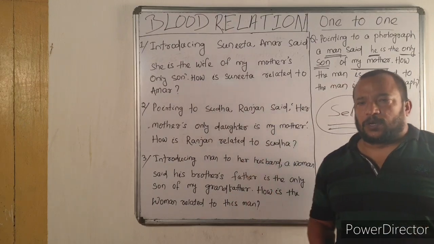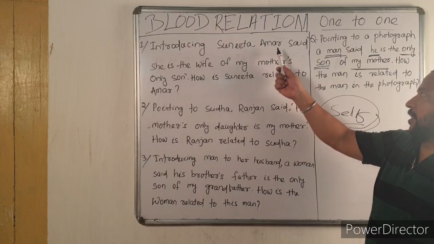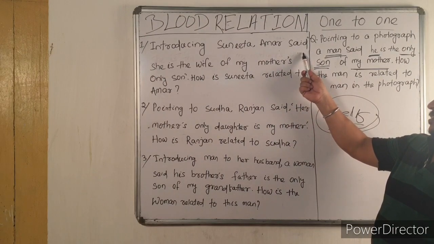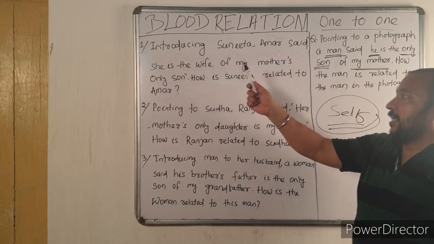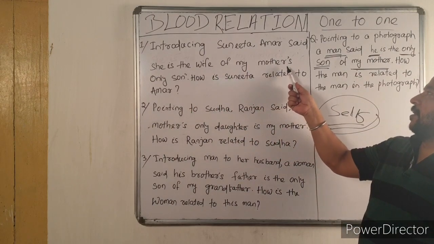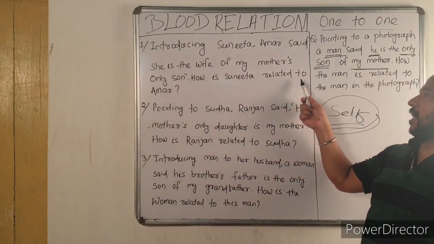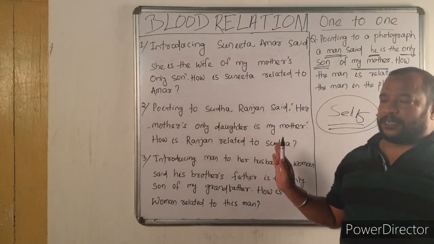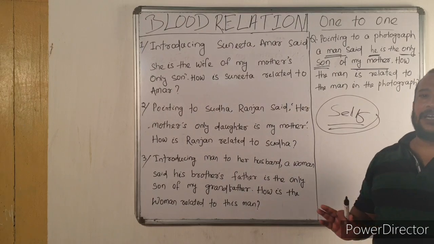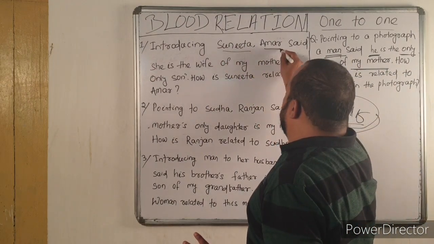Question number 1. Introducing Sunita, Amar Singh said, "She is the wife of my mother's only son." How is Sunita related to Amar? See here, there are two persons, one is Sunita, another is Amar.